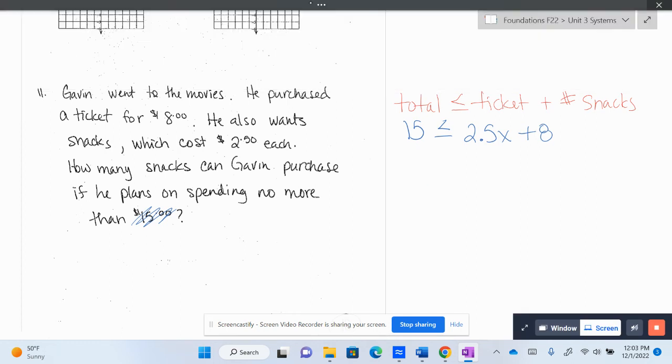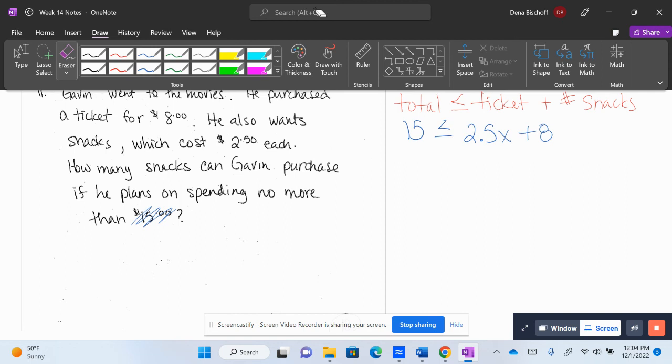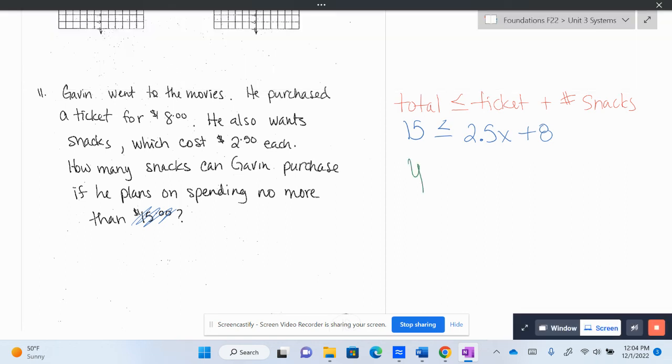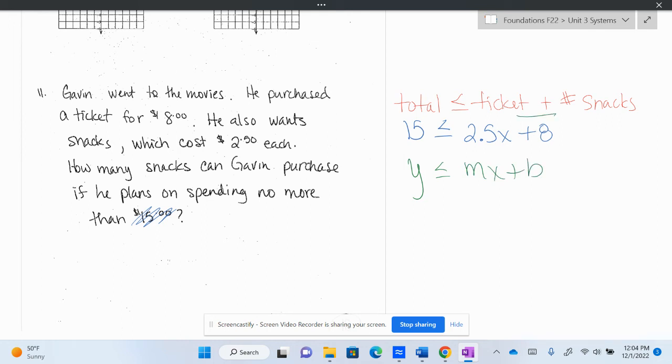That's so awesome. So if we were thinking about this, y is less than or equal to mx plus b, right? Remember that the initial value, what you pay for up front, the word each or per is your slope, and y is representing the total. So if we started with an equation and we used a y, that's okay, but we know that the total is 15. Could we solve this to figure out how many snacks he could buy?